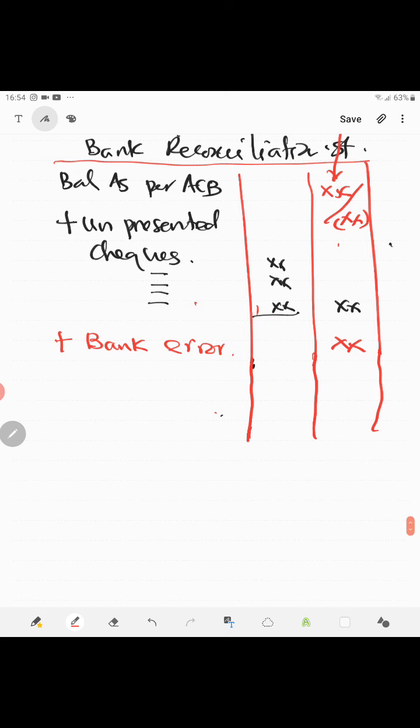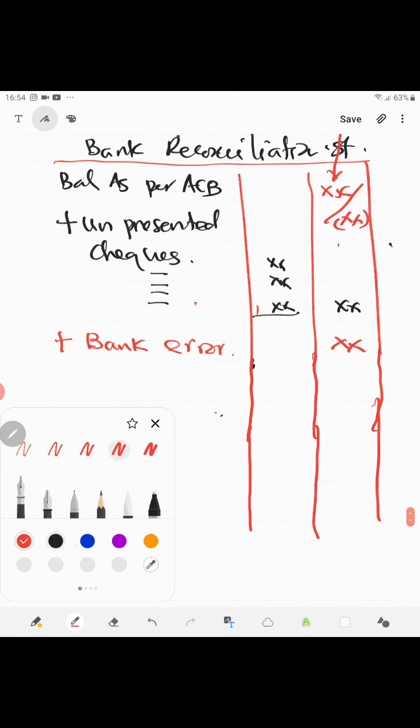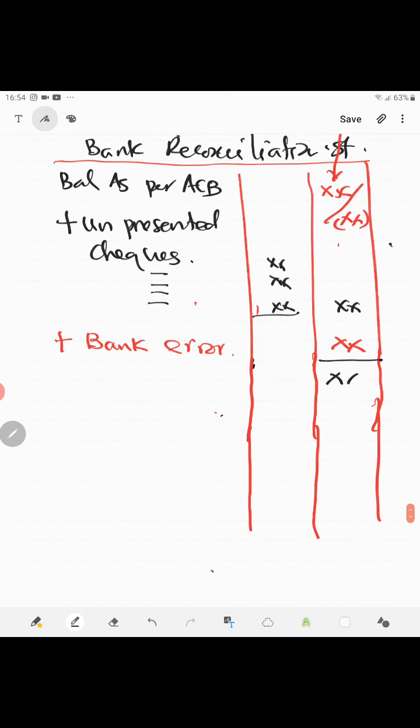So then we take this total and we subtract unrealized deposit. As I said, the business has gone and deposited the money in the bank, but the bank has not recognized it in the system. The balance has not reflected such deposit. So these are unrealized deposits. It can be either one or it can be more than one.